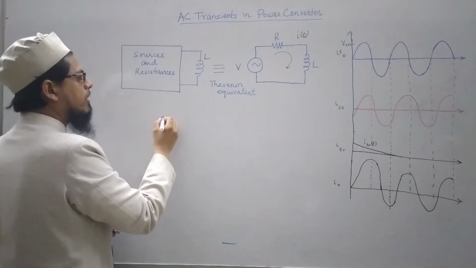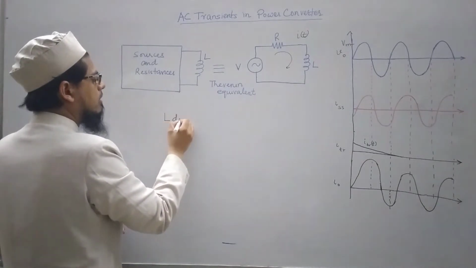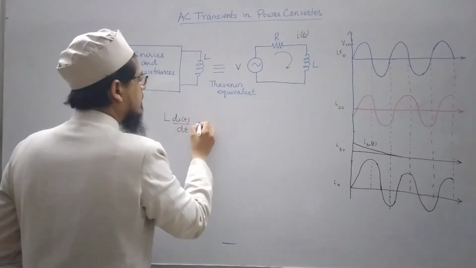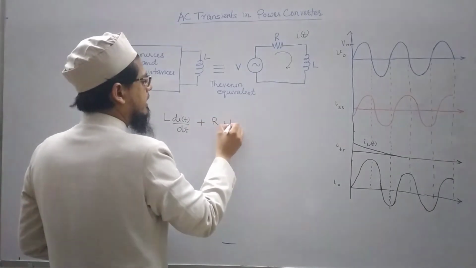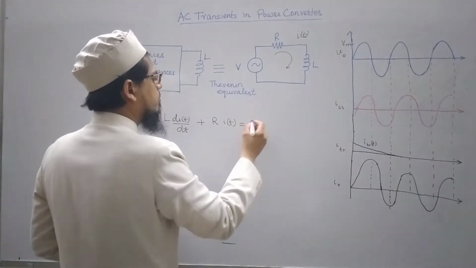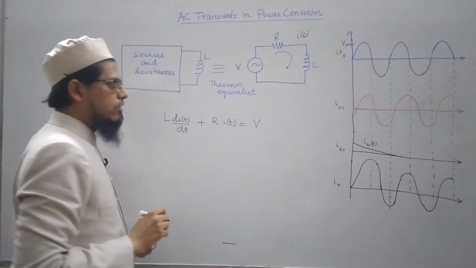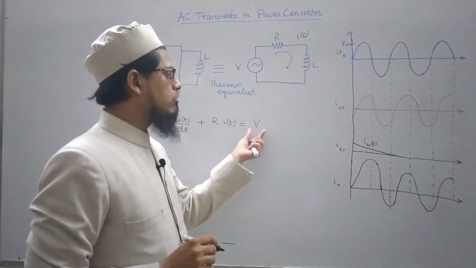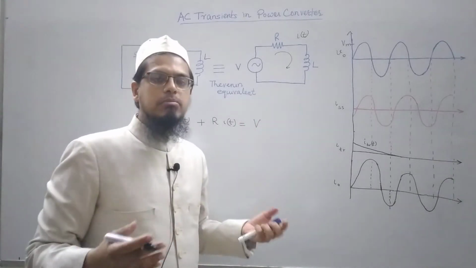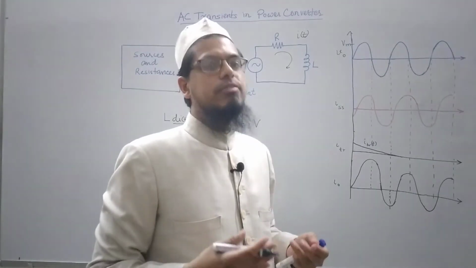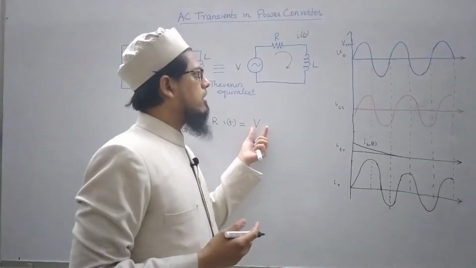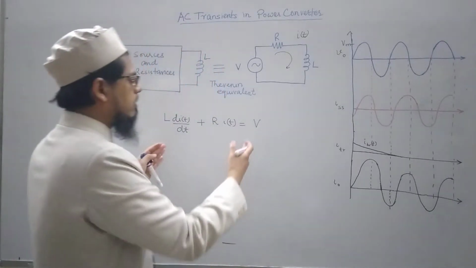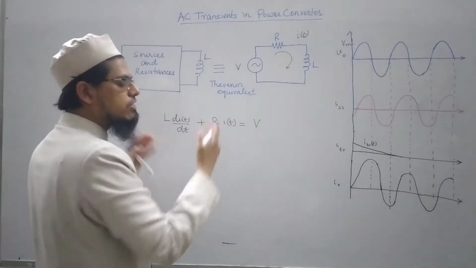Then we can write L diT by dt plus R iT is equal to V. This V could be any waveform, any function of time, and it is also called the forcing function for this first order differential equation.